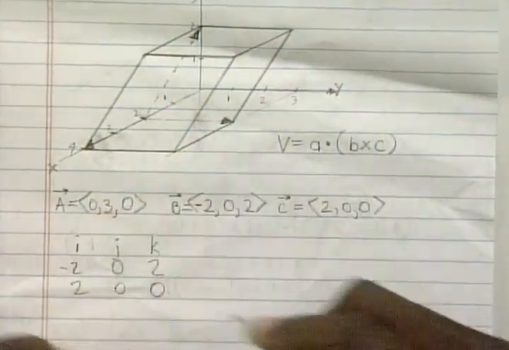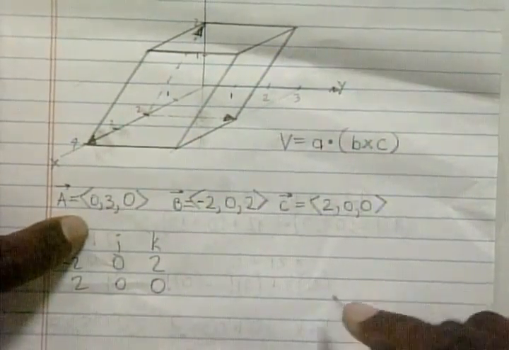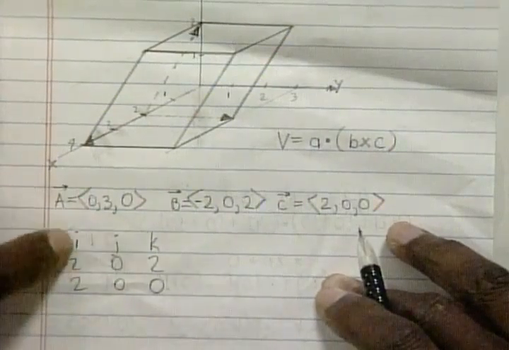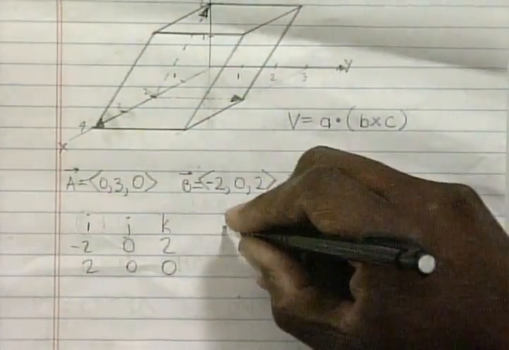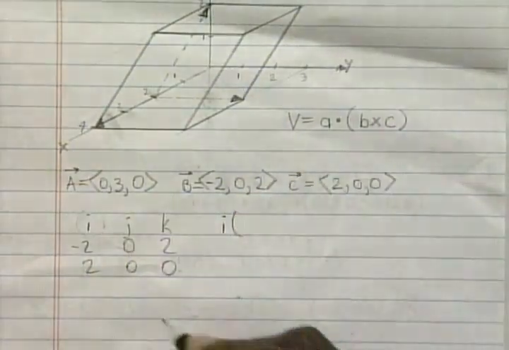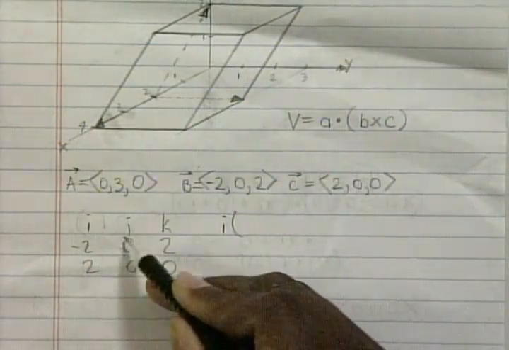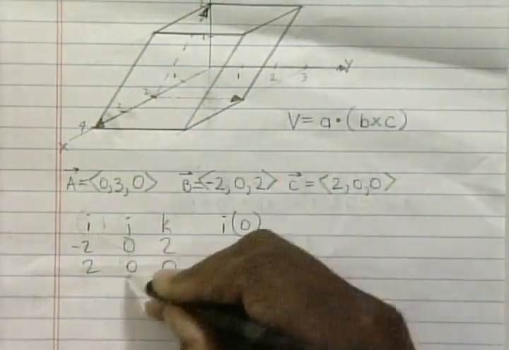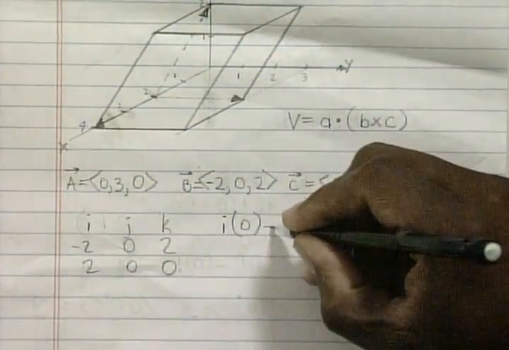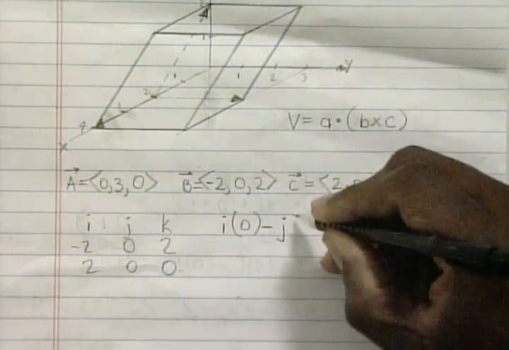Again, we focus on this i, and we eliminate the numbers in that column and that row, and you end up with i multiplied by the determinant of this submatrix, which is 0 minus 0, 0. Minus, by rule, j.